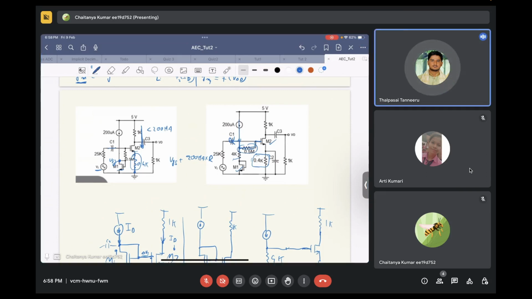Here we're compensating the drop. So instead of tapping directly at VGS, you tap at some higher potential so that you can compensate for the drop from putting the degeneration resistor at transistor M2.